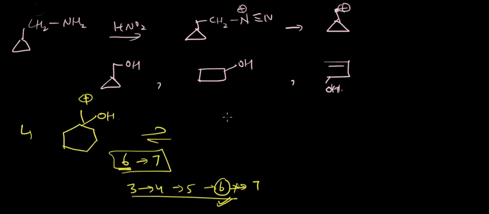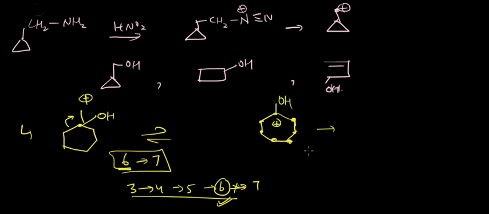As a result, obviously this bond will be breaking up, and here we'll be getting a positive charge, so the resulting compound would be something like 1 2 3 4 5 6 7, having a positive charge here and OH here.